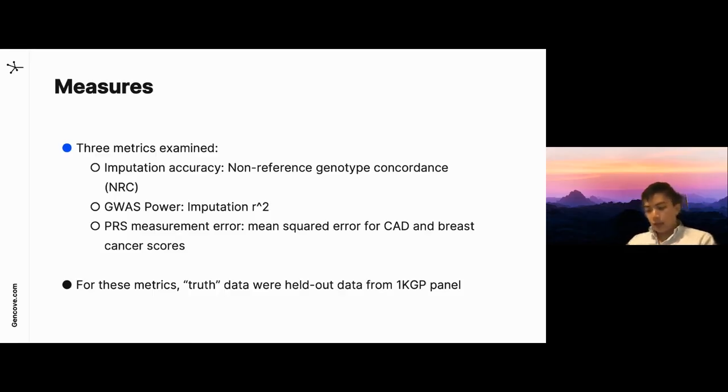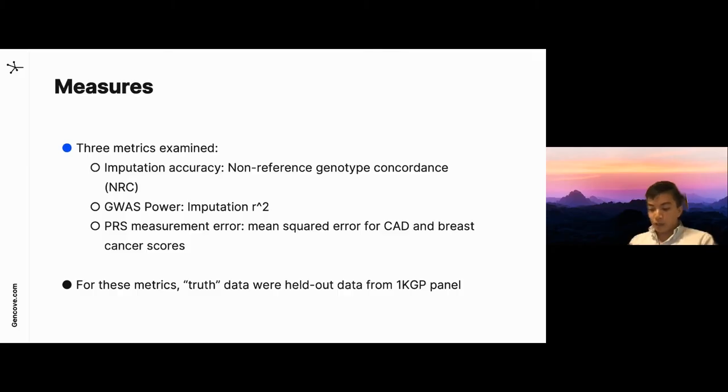And lastly, we looked at the measurement error of two well-established polygenic risk scores in both coronary artery disease and breast cancer. Basically, these are scores that were previously published in the literature, which were well established and well validated on populations of tens or hundreds of thousands of people.